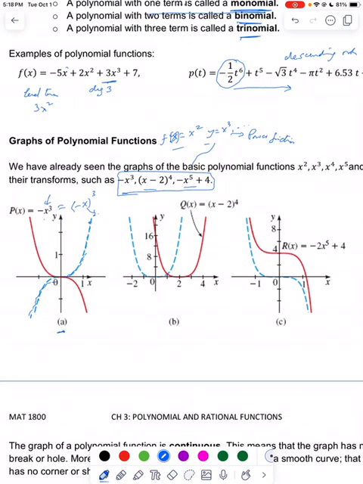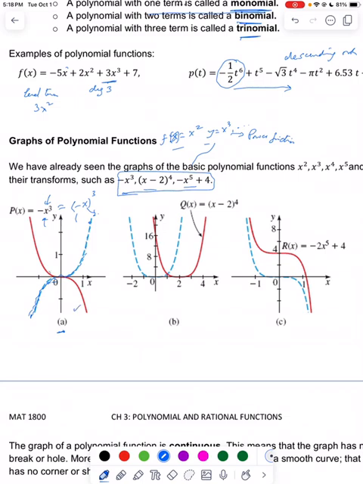But if you fold only about one axis, the graph won't fit on top of each other. So this is called symmetric about the origin. Whether we flip about the x-axis or the y-axis, we are getting the same result, and then we get this red graph here.